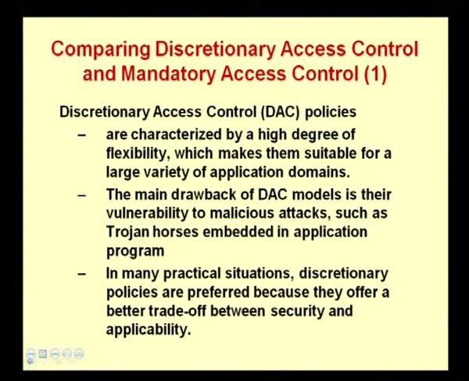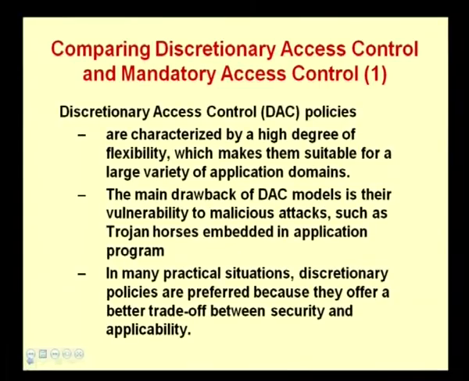So, let us now compare discretionary access control and mandatory access control. Discretionary access control, the one that we first saw, where we could grant and revoke privileges, is characterized by a high degree of flexibility, which makes it suitable for a large variety of application domains. The main drawback of DAC is its vulnerability to malicious attacks such as Trojan horses embedded in application programs.